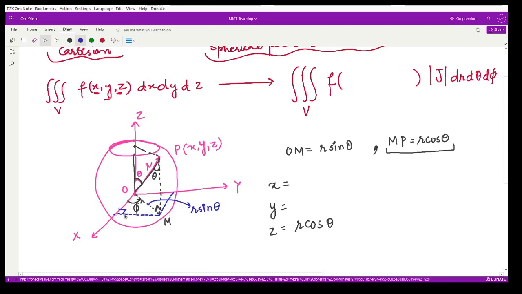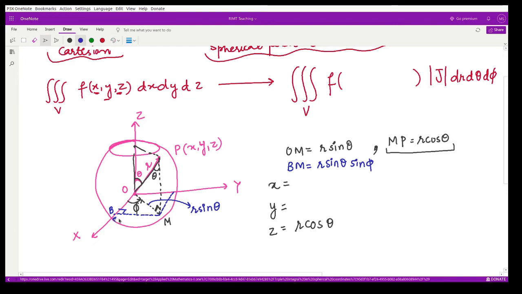Because this is 90 degrees, you can calculate this distance, say this point is B, so you can calculate BM. Here your BM, the y distance, is equal to the hypotenuse, r sine theta, into sine of phi, because we are calculating the perpendicular.